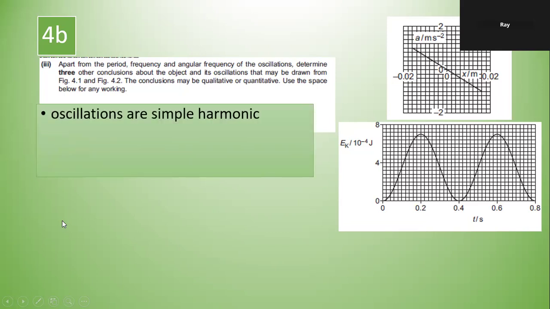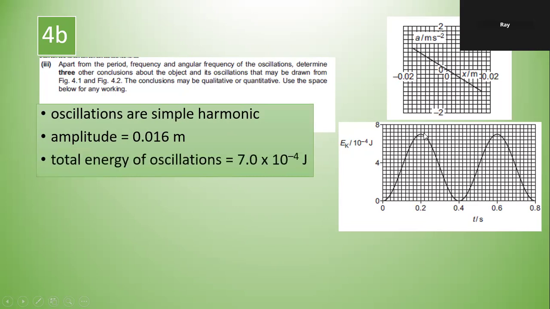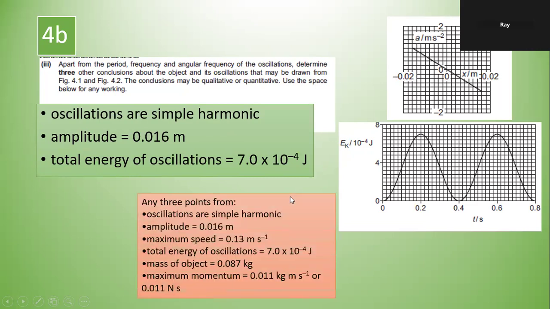First thing is that the oscillations are simple harmonic. Then amplitude. Maximum acceleration they won't accept. Maximum kinetic energy they won't accept. But they will accept total energy, at 7 × 10^-4 joule.